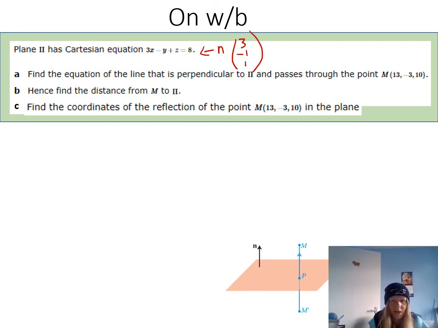And you need the equation of the line which goes through there and travels in that direction. Easy, maybe. Then you've got to find the distance from M to the plane. So that's just what we did in the first bit of the lesson again. And then, part C, find the coordinates of the reflection of that point in the plane. So you can either use the common sense method or the formula. Off you go. Please pause.